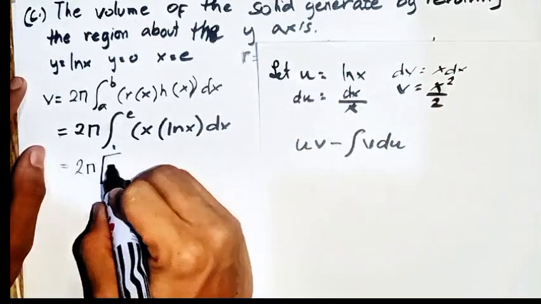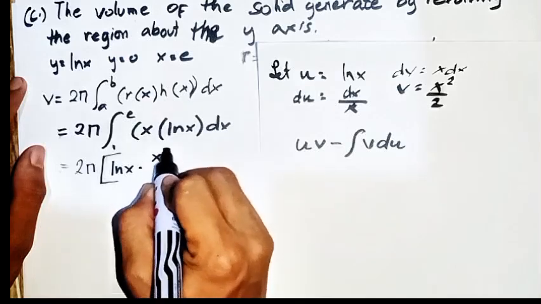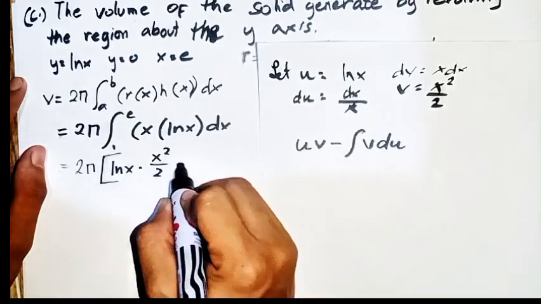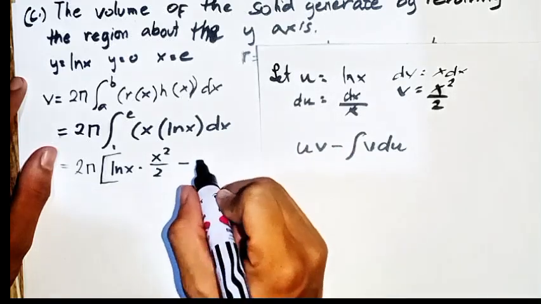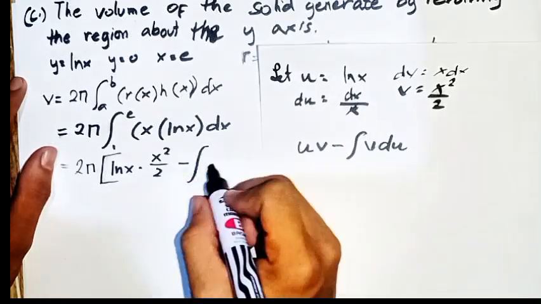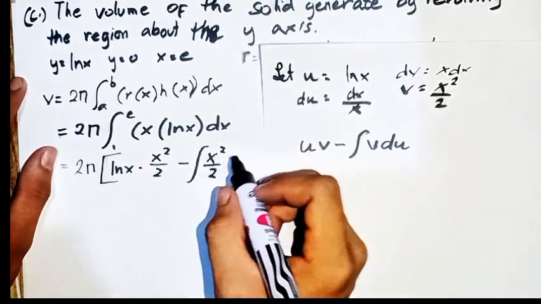Let's use this formula by substituting into our problem. Our u is ln x, and our v is x squared over 2, minus the integral, don't forget the integral, of v, which is x squared over 2, and our du is dx over x.